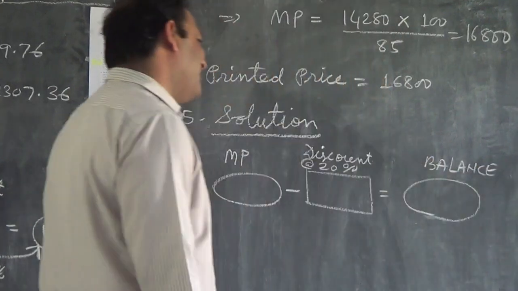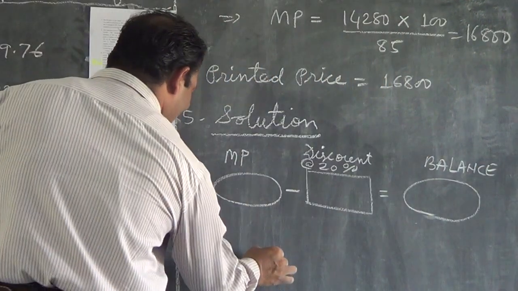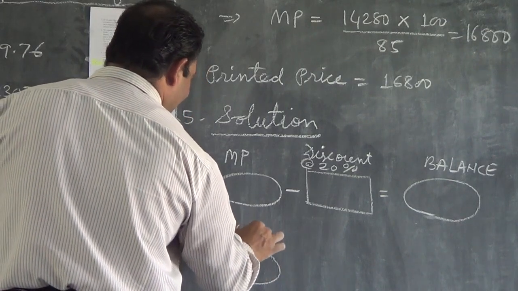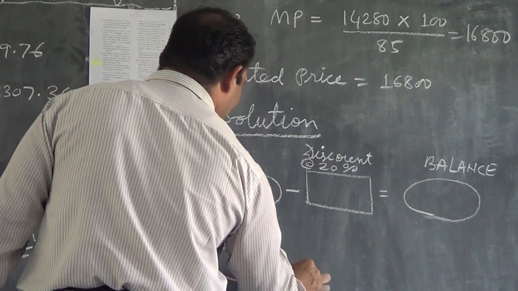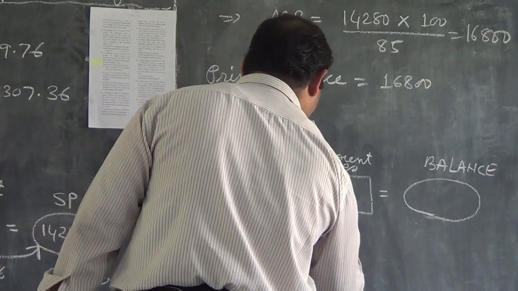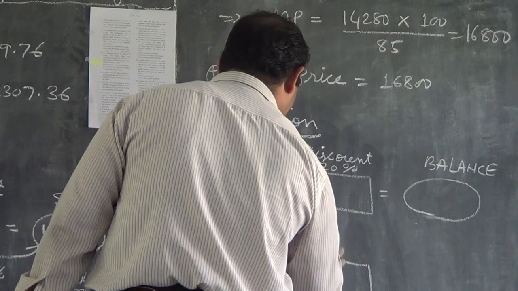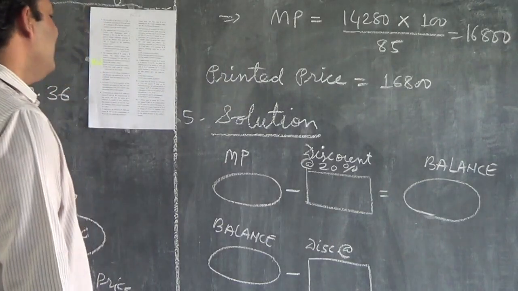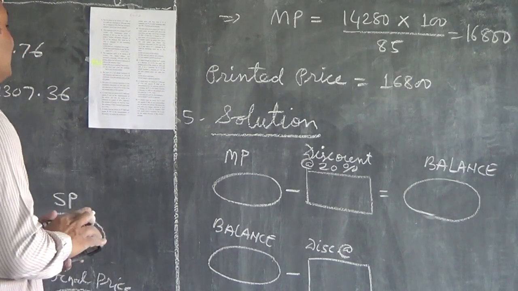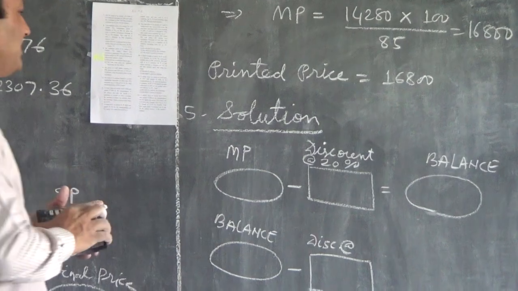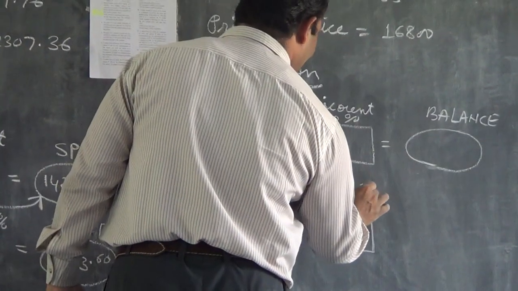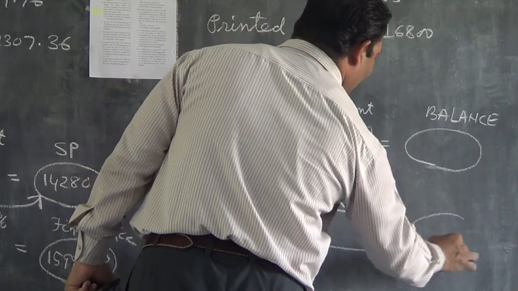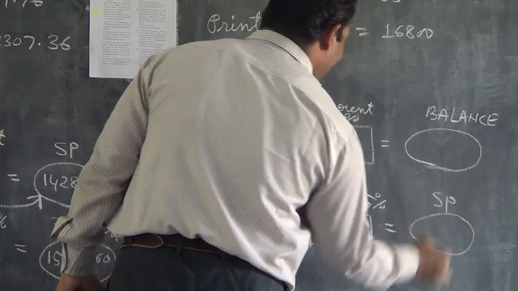We are not using the term SP here. Then on the balance, again we have to apply the discount, at 15%. After subtracting this second discount, whatever will come, that is only called SP.